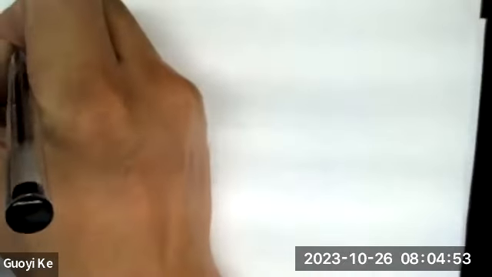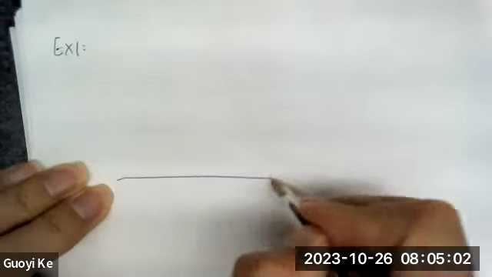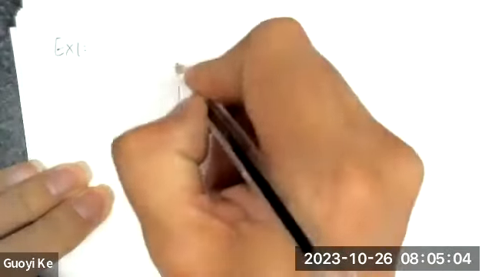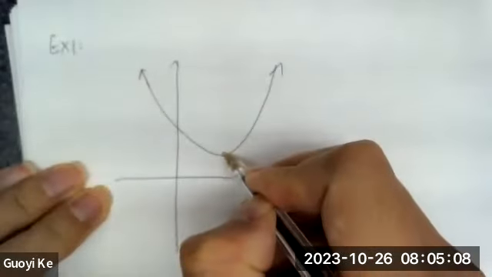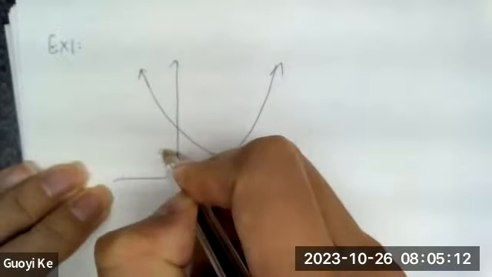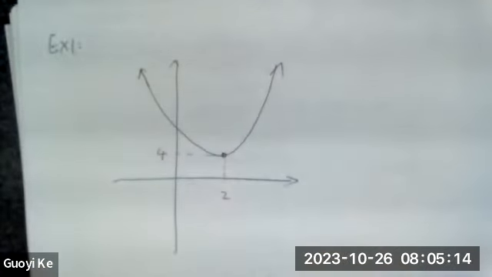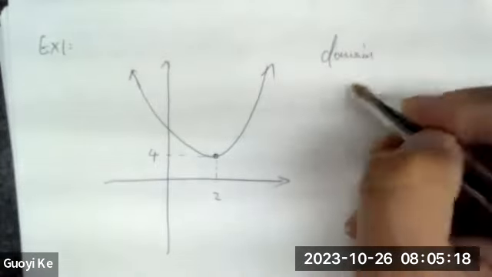Example 1. Here is an open circle. Find the domain and the range.